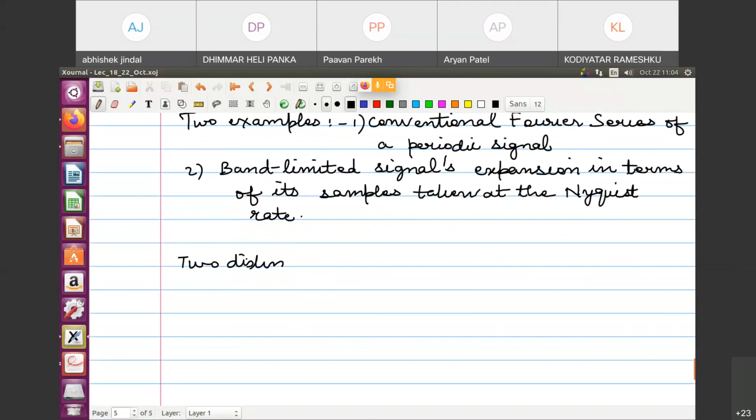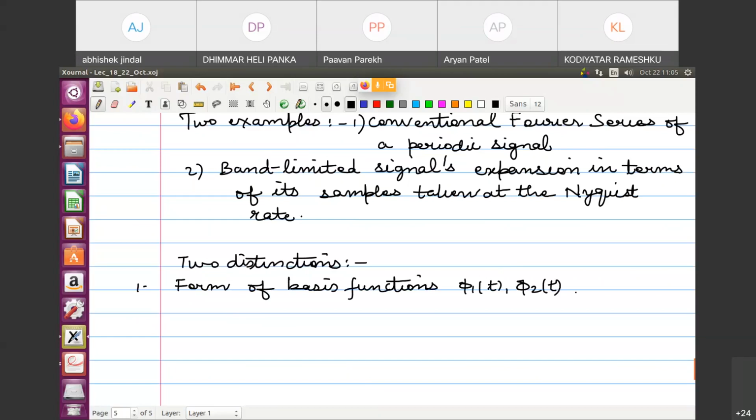The first is that the form of basis functions phi n t has not been specified.